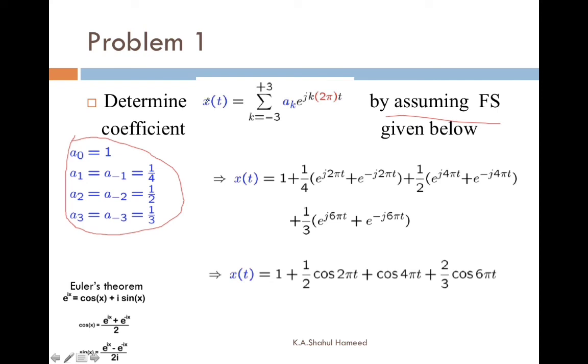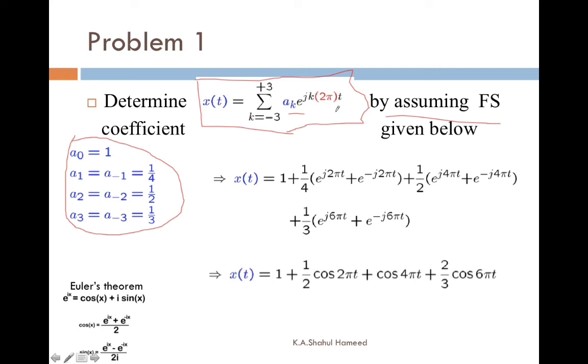So for the synthesis equation, that is x of t is equal to, here we have only 7 coefficients, a naught, a1, a2, a3, on both the right hand side and left hand side. So the summation reduces to k is equal to minus 3 to plus 3, all other coefficients are 0, a suffix k e power j k 2 pi by T, with T equal to 1.